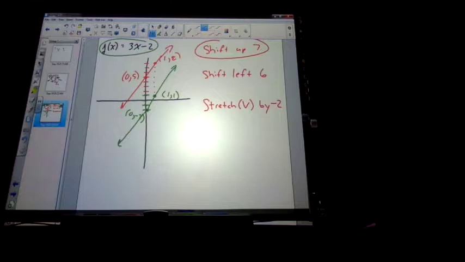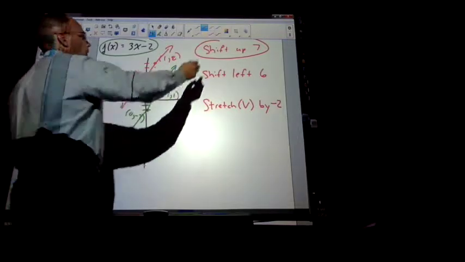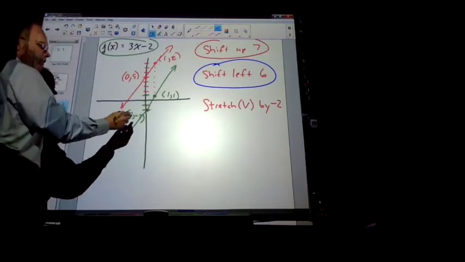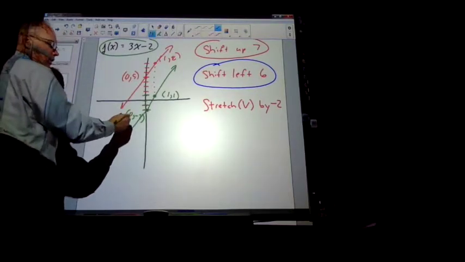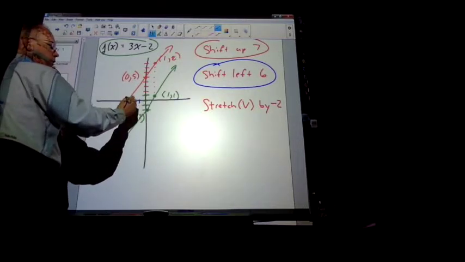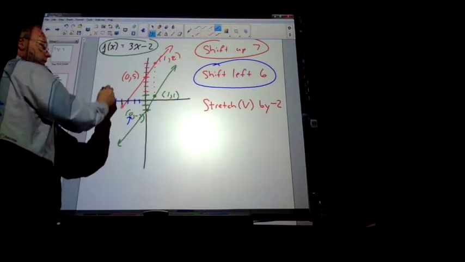What about if it shifted left 6? What's going to change? X. So I'm going to go back to the original and do this one in blue. We're going to shift left 6. The X is going to change. So this is going to get to what point? -6. So 1, 2, 3, 4, 5, -6.